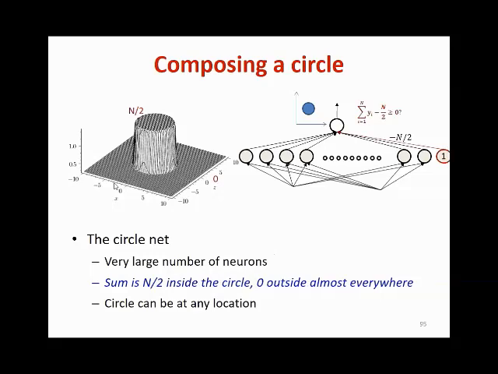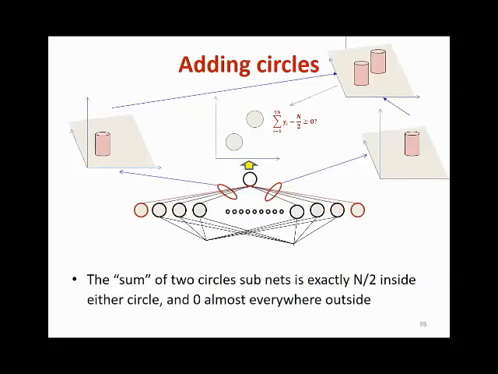And if I just add in a bias which subtracts out n over 2, I'm going to get a sum of n over 2 within this region and 0 outside. But this is only true for very large n. And now, if I compose two networks, one which composes a cylinder at one point and another which composes a cylinder at another point, and I simply directly sum their outputs.